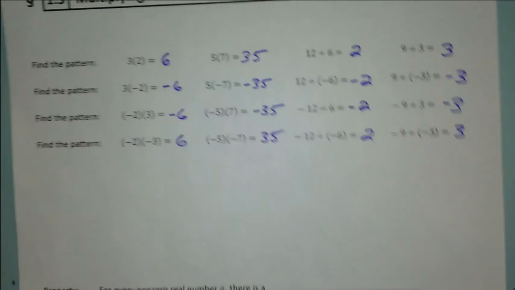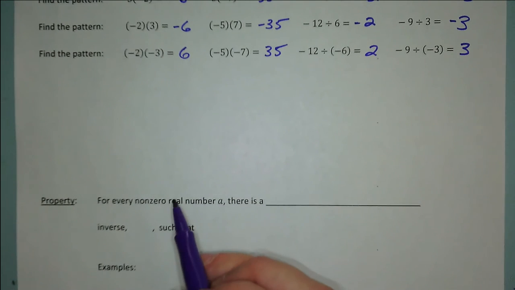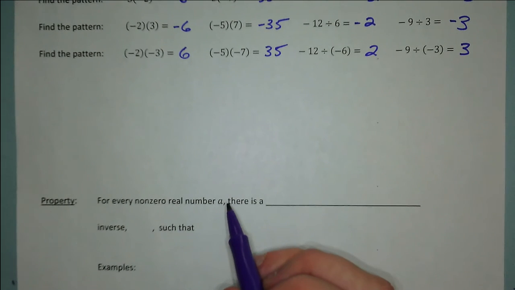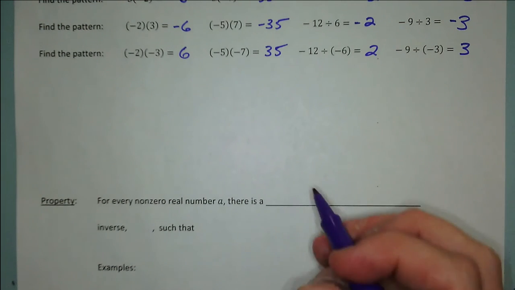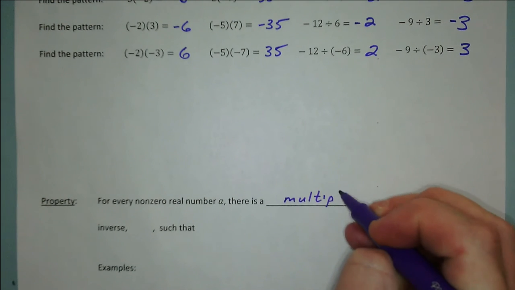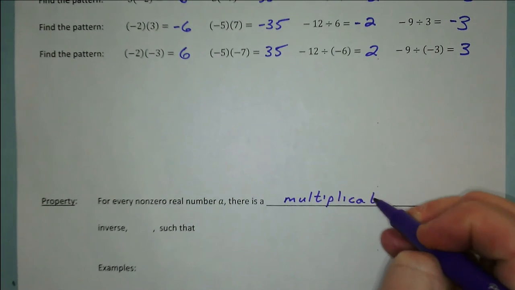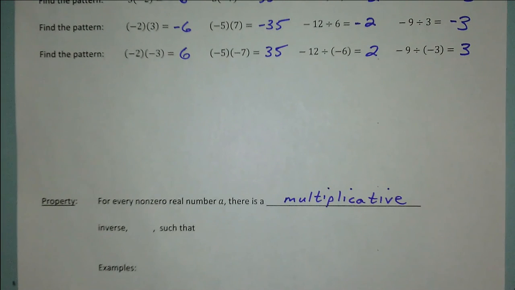And then a quick property. For every non-zero real number, so basically anything other than 0, there is a multiplicative inverse.